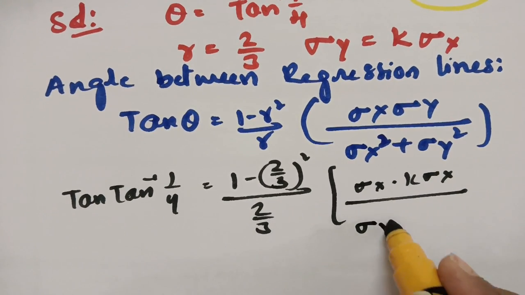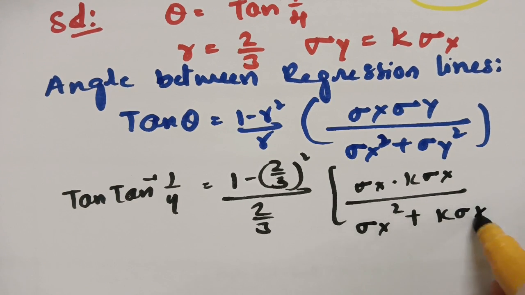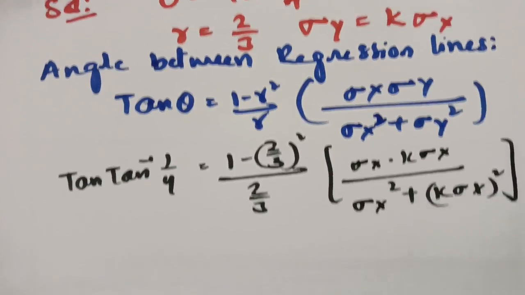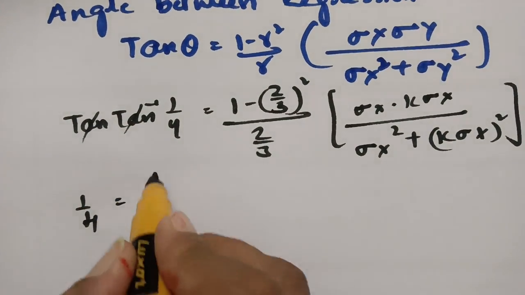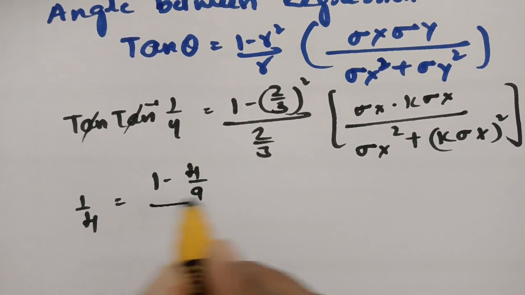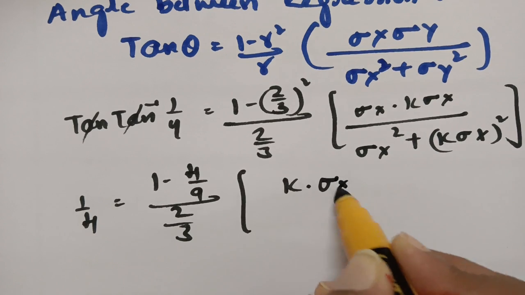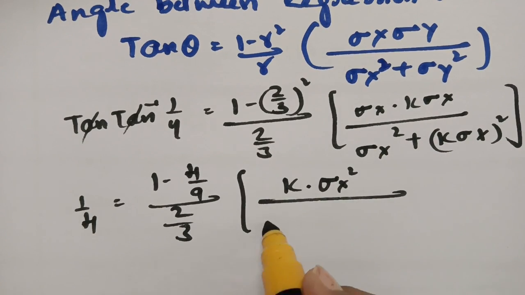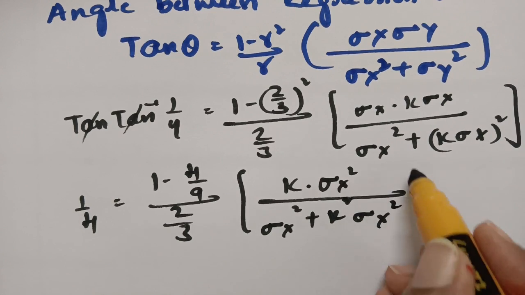In place of sigma y I can write k into sigma x, so sigma x square plus k square into sigma x square. If I cancel, this value is 1 by 4, equal to (1 minus 4 by 9) by 2 by 3, times k sigma x square by (sigma x square plus k square sigma x square).